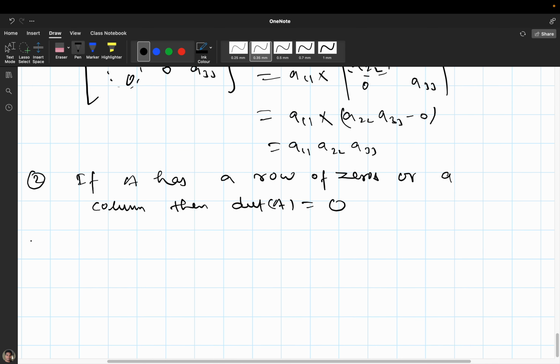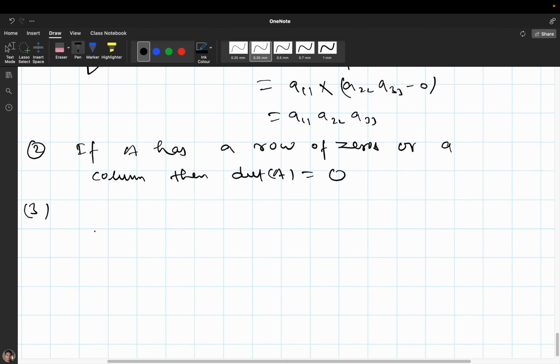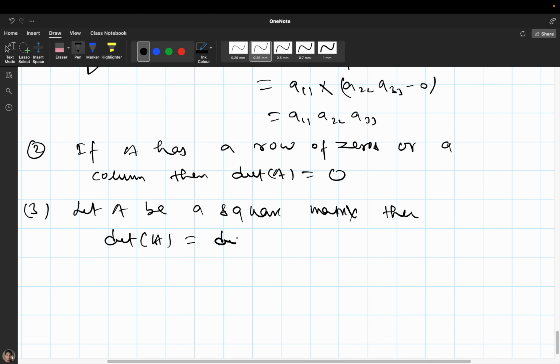Okay. Now, let A be a square matrix. Then the determinant of A is exactly equal to the determinant of A transpose.